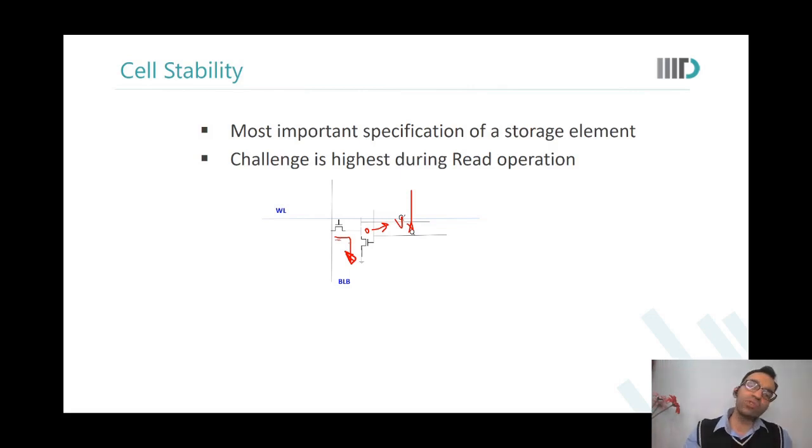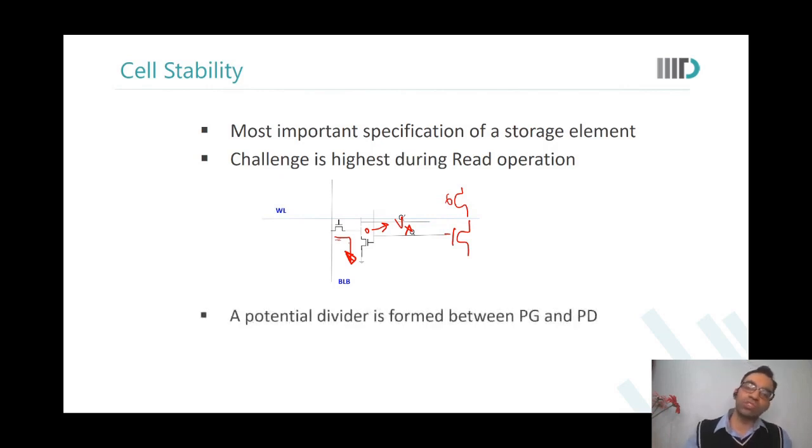And as this goes to a level higher than 0, it can actually turn on the devices on this side, turn off the PMOS on this side, and so on. Okay, and that is where risk starts to appear. So the cell stability starts to degrade.